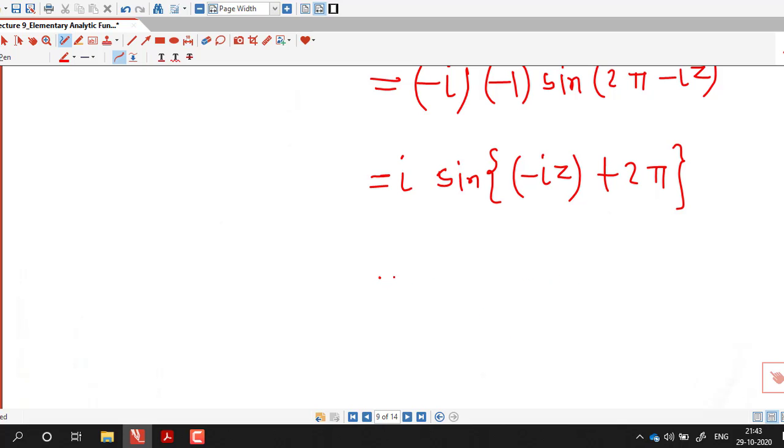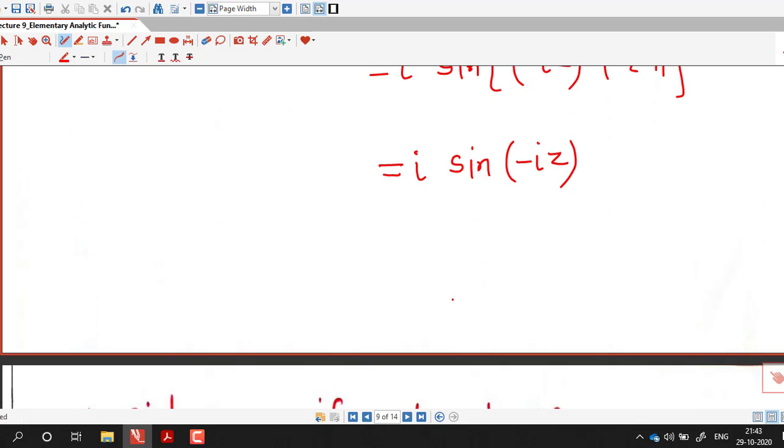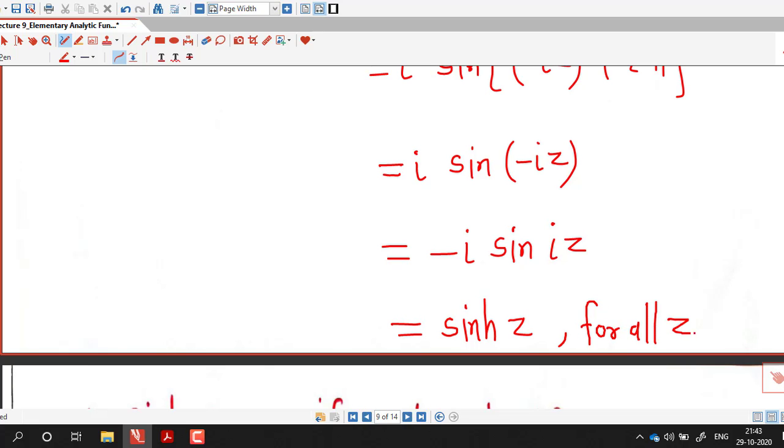Now sine is a periodic function with period 2 pi, so sine of minus iz plus 2 pi will be equal to sine of minus iz, and sine of minus iz is nothing but minus sine of iz, because the sine function is an odd function, and minus i sine iz is nothing but sine hyperbolic z, and this is true for all z.